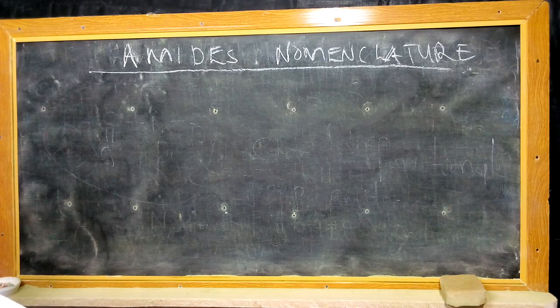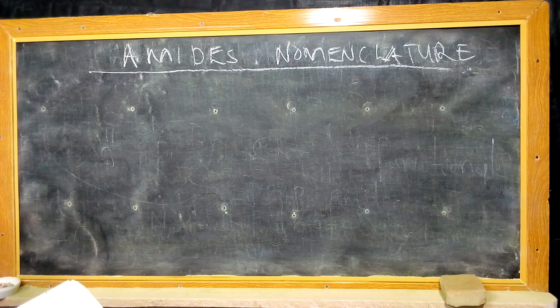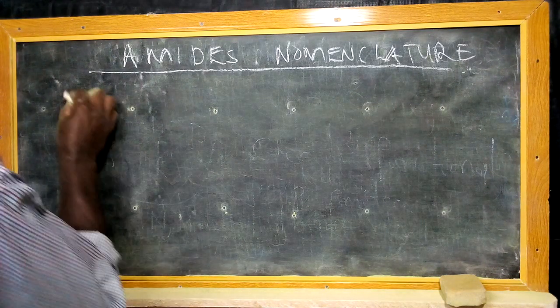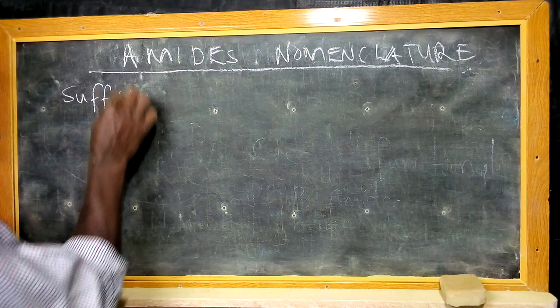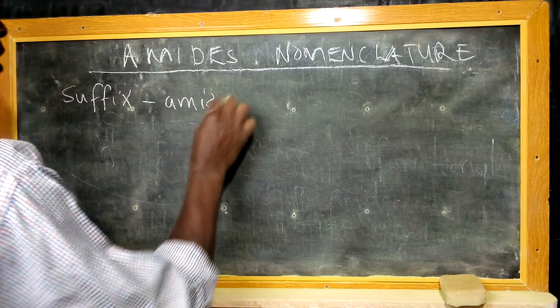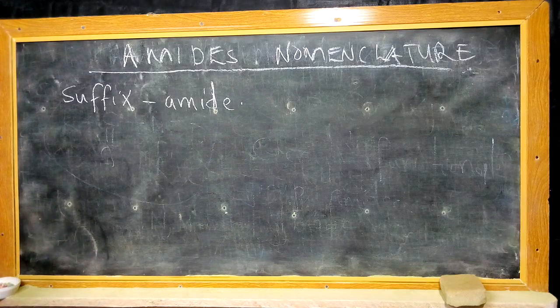And as we said, the name of each member of this group does not necessarily start with a particular format, but it can start with any radical attached to the nitrogen group, and thereafter it can be followed by the name of an organic acid with the oic suffix in the acid replaced by the word amide. So the suffix for this particular group of organic compounds is amide.